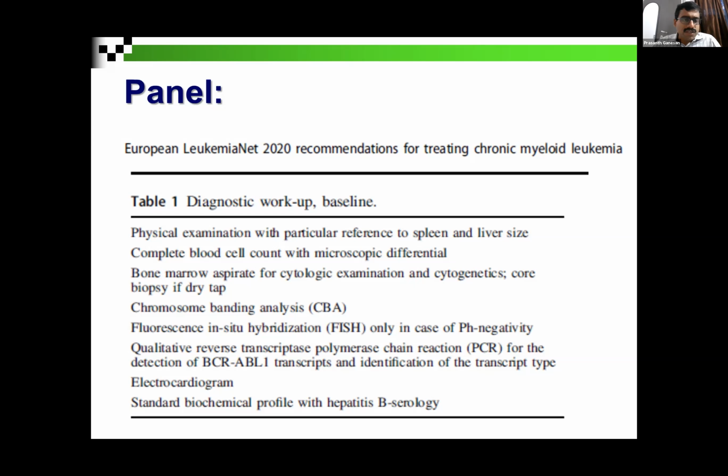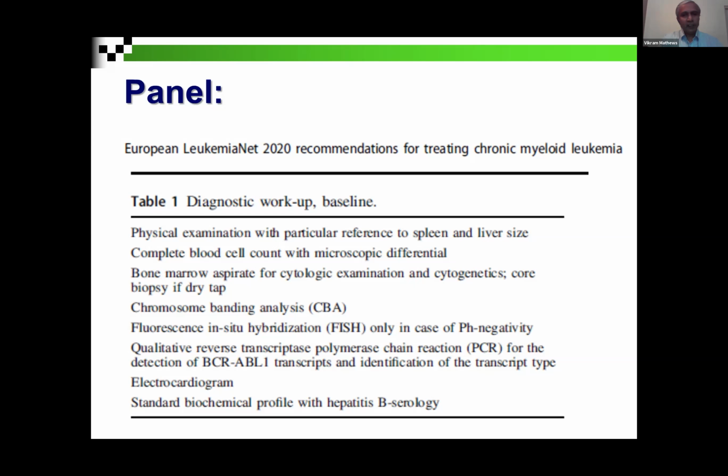These are the usual first-line agents. And some of these, like the nilotinib and dasatinib, are known to have a proportion of patients who can have hepatotoxicity, particularly nilotinib. We do encounter significant hepatotoxicity. So we want to know the baseline status. And the ECG, of course, also goes hand in hand with some of these drugs, like nilotinib is known to cause QTc problems.